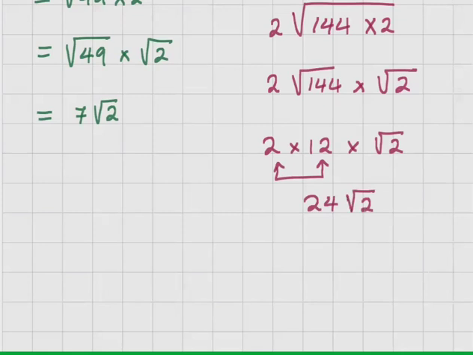And this is our final solution. So as you can see, starting with a coefficient or a multiplier on the outside, an integer multiplying with our surd, does not interfere with our method. That whole number will eventually multiply with any whole numbers we get from our simplifying steps.